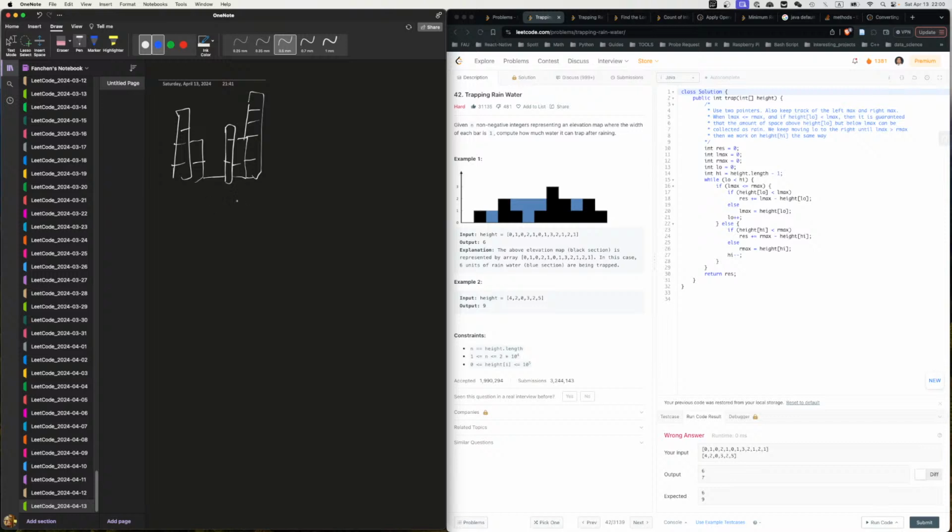So to start, left max and right max is 0. Okay, and then, yeah, I feel like maybe left max and right max shouldn't be 0 to start with.